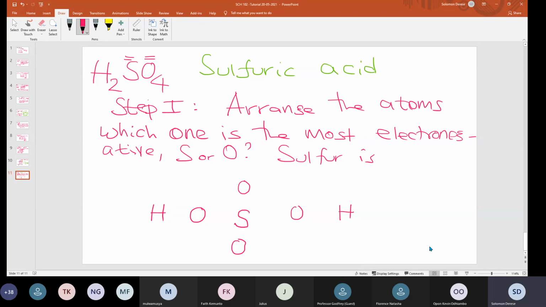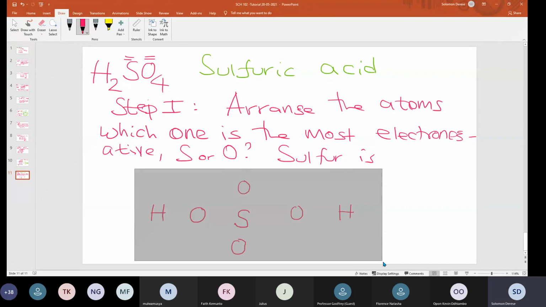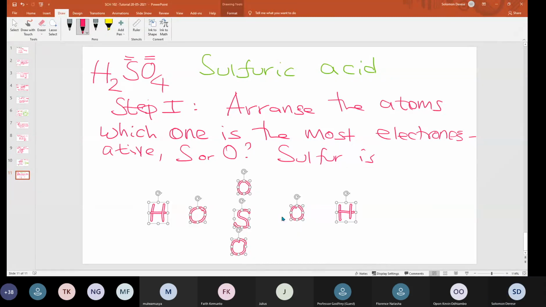It is possible you could put both of them, one of them here connected to this oxygen, the other one in here, or up and down, it does not matter. The most important thing is that we have the two oxygens bonded to hydrogen, okay?